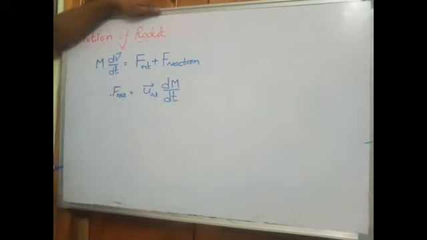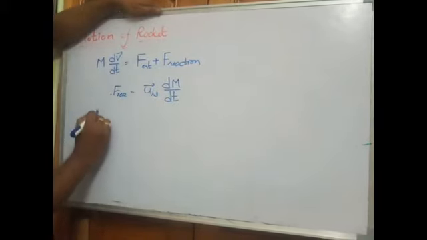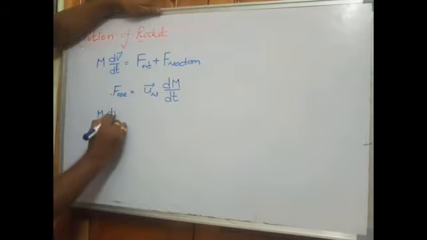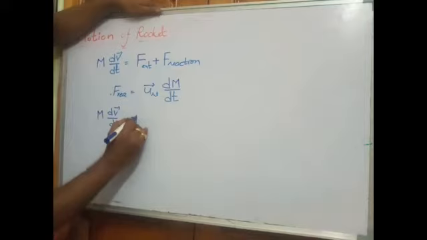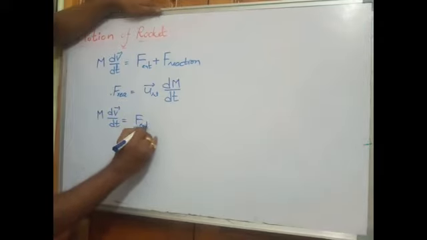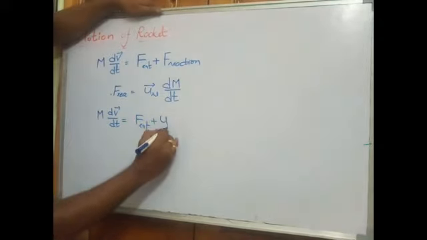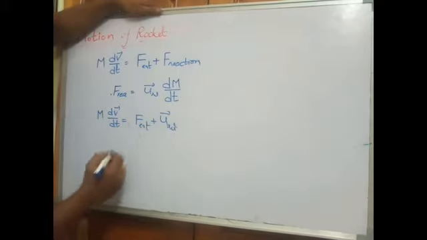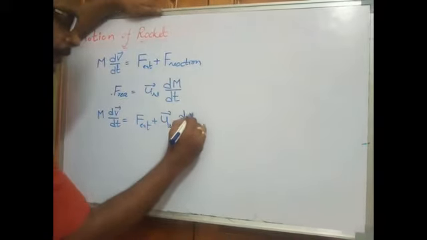Now substituting in this equation, we get m into dv bar by dt equals F external force plus u relative velocity into dm by dt.